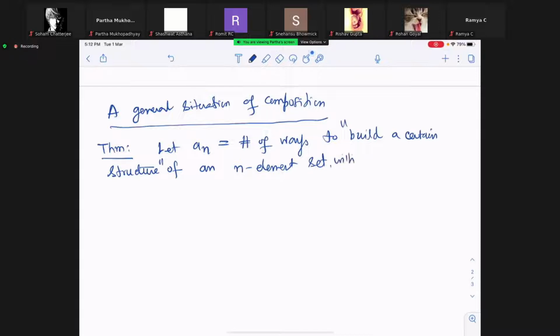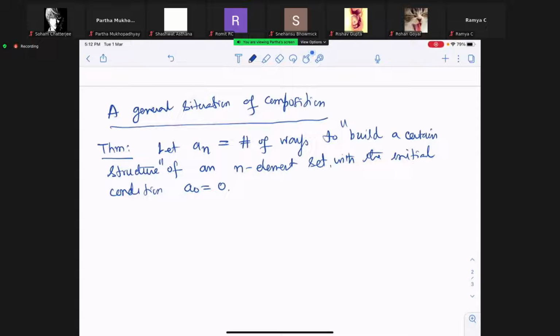With the initial condition a_0 equal to 0. This initial condition is given to avoid the situation I just described.